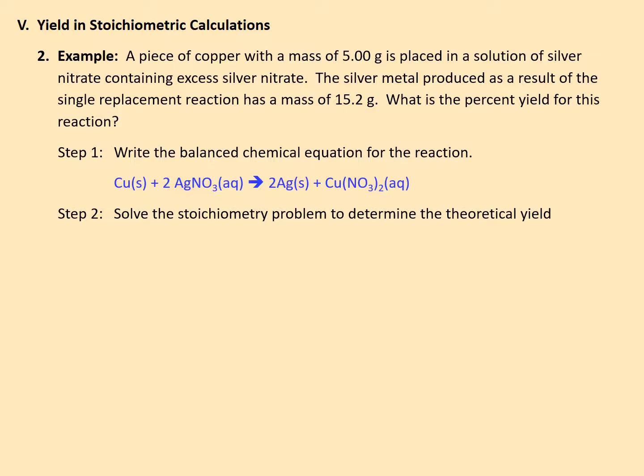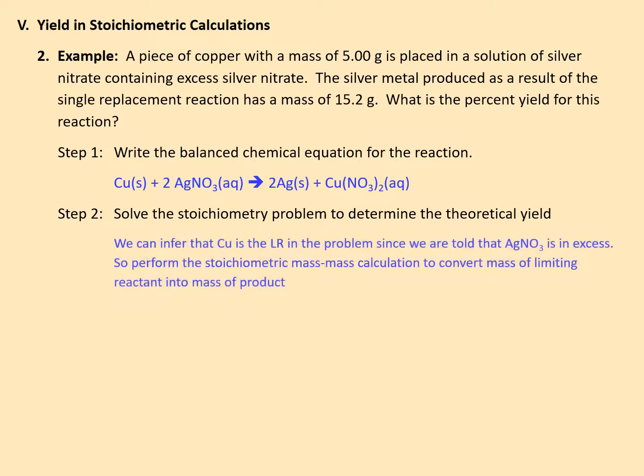The 5 grams of copper is placed in a solution of silver nitrate containing excess silver nitrate. So if the silver nitrate's in excess, then we can assume that the copper is the limiting reactant. So we don't need to figure that out. We can now predict how much product will be formed based on the limiting reactant, which is copper.